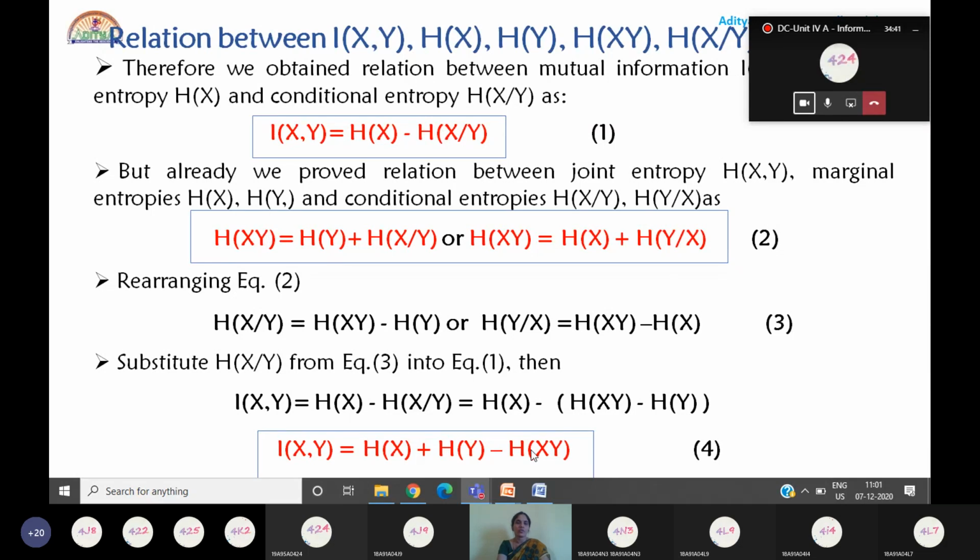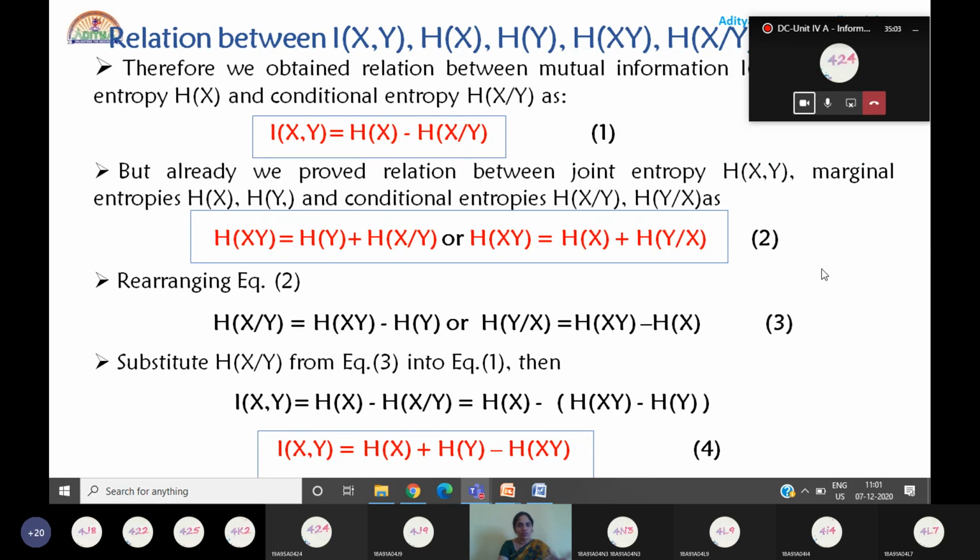What is that equation 4? I of xy is H of x plus H of y minus H of xy. So whenever in the exams you want to prove the fourth relation, that is I of xy is equal to H of x plus H of y minus H of xy, in order to prove this you should state the third property of mutual information.